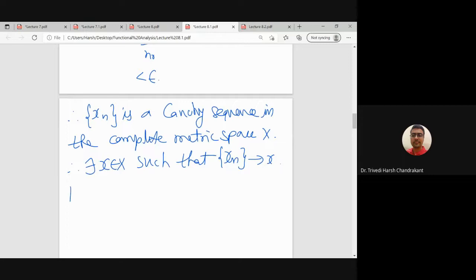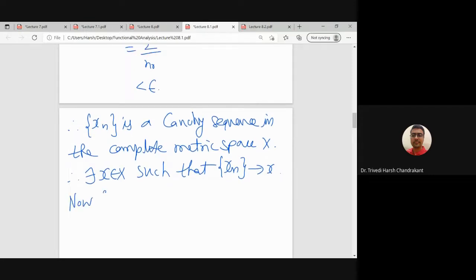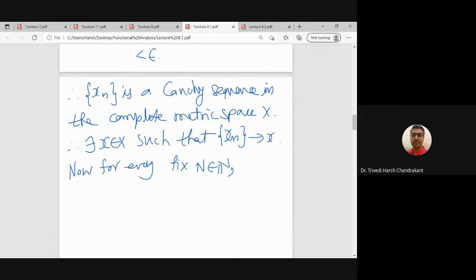So now for every fixed positive integer N, the distance of xm from xN is less than or equal to RN, for every m greater than or equal to N, because we know that every point is contained in the next disk.